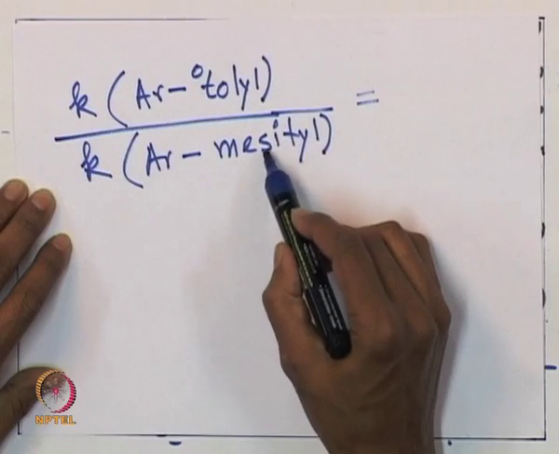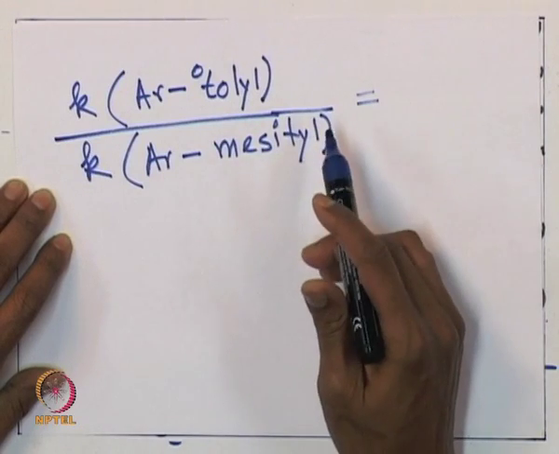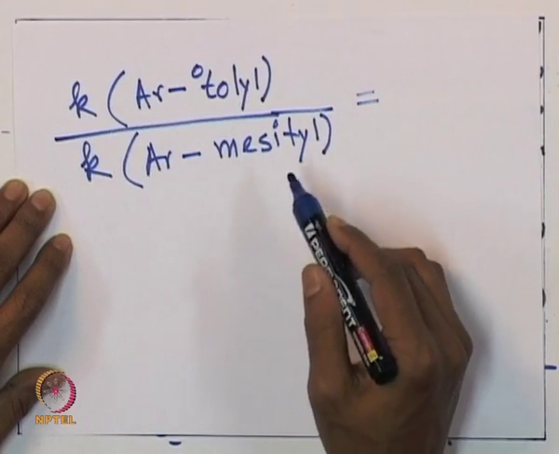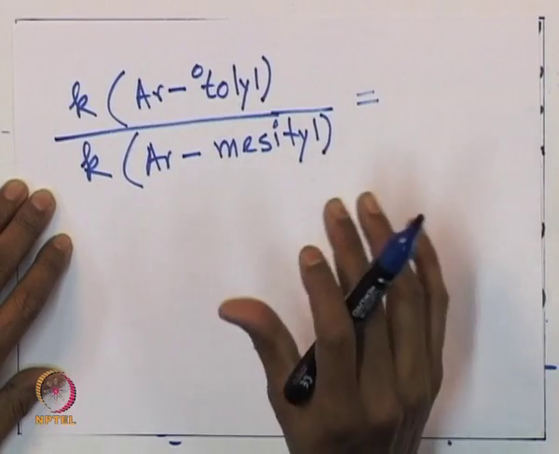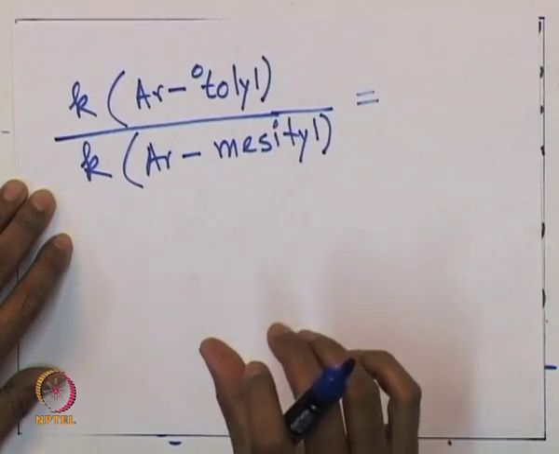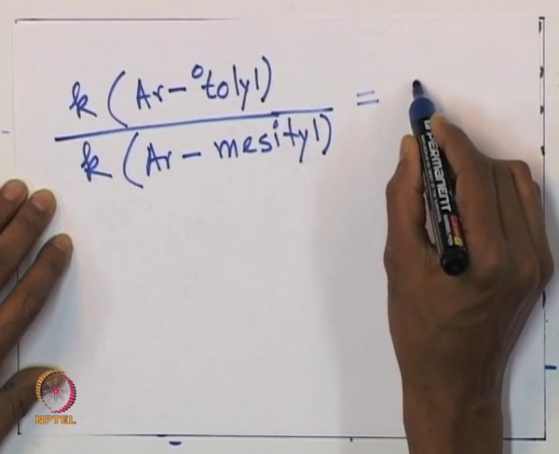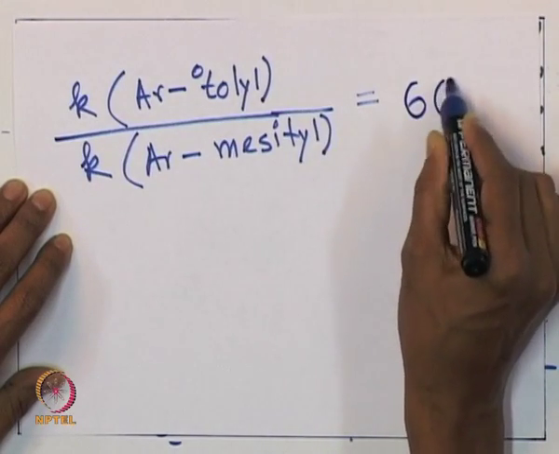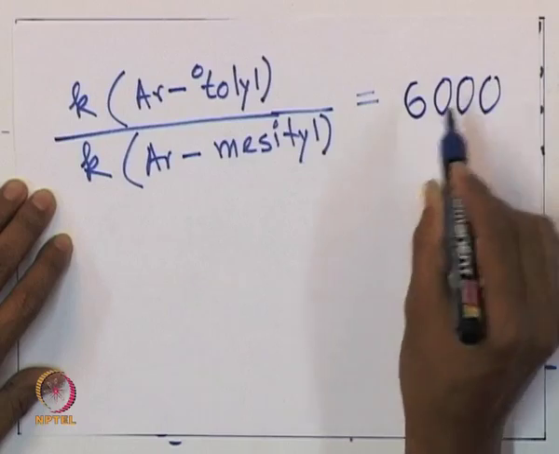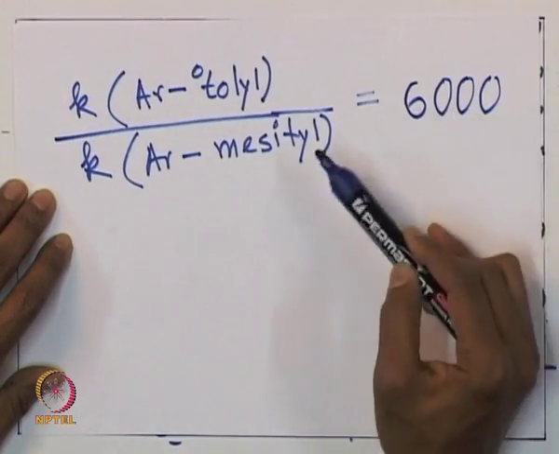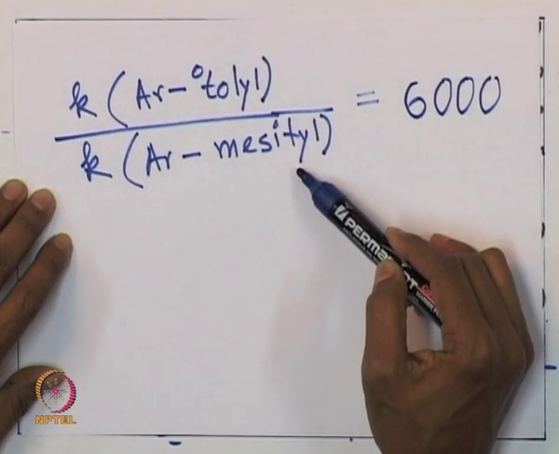Therefore, mesityl being the bulkier one will have much difficulty in reacting with pyridine. Tolyl is comparatively less bulky. Therefore, the reaction rate will be faster for tolyl and slower for mesityl. If you really do the experiment, you will find that tolyl reacts 6,000 times faster compared to mesityl.